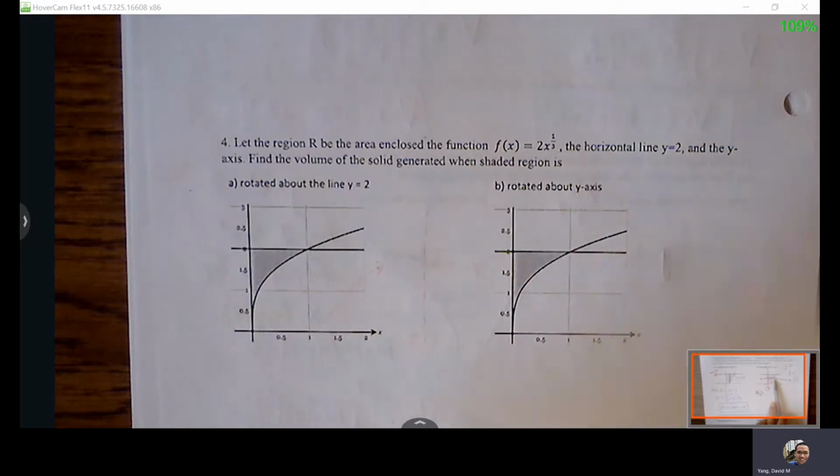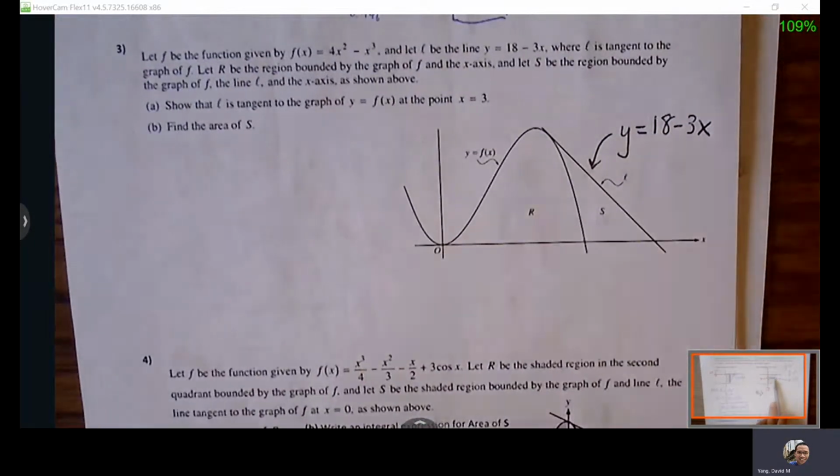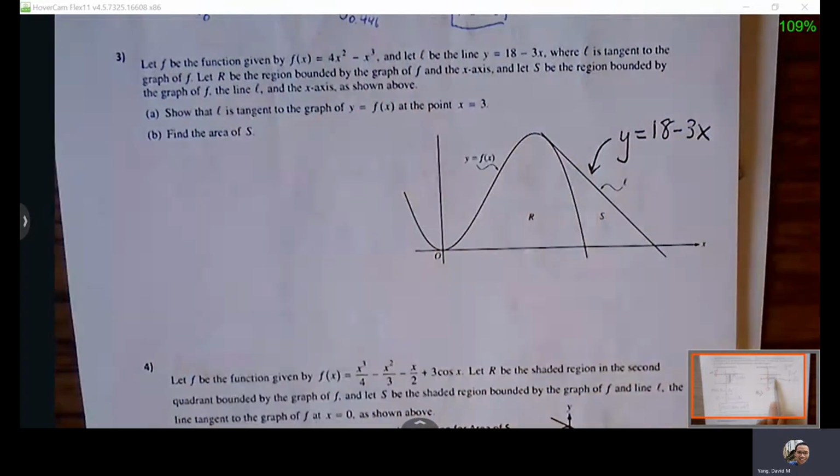Okay, the equation is 18 minus 3x. That's the equation for that line. Okay, the curve is given to you in the problem, 4x squared minus x cubed. So it says find the area of S.